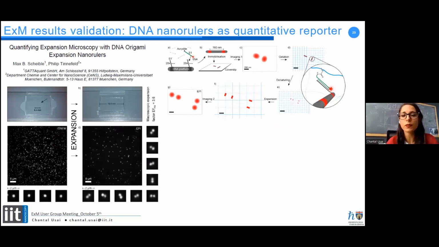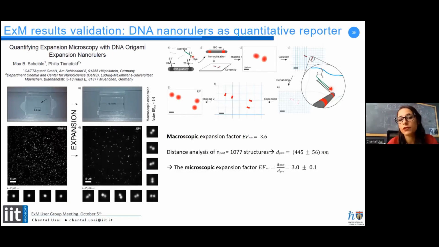So what they did in this work is that first they quantified the macroscopic expansion factor, as we all do, and then they performed a distance analysis on a very large number of DNA origami, obtaining the microscopic expansion factor.